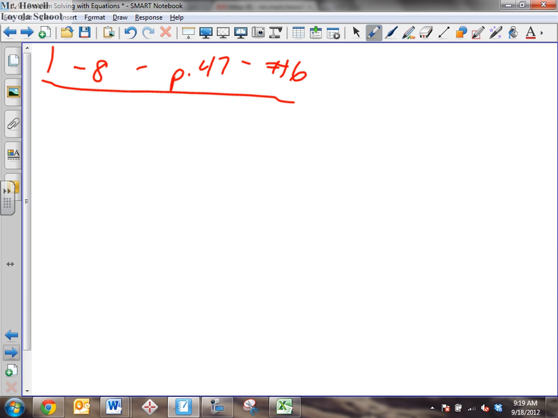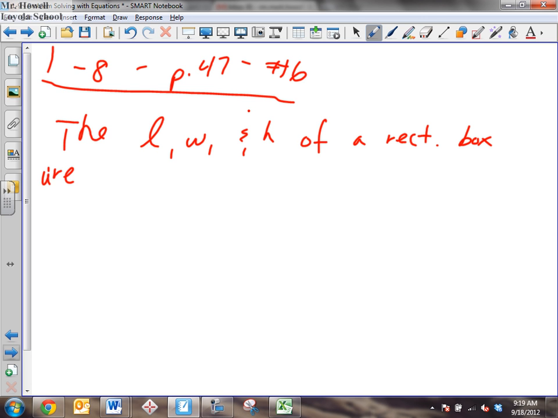So the problem says the following. The length, width, and height of a rectangular box are consecutive integers. That's how I would write it. But I'm going to deviate from the problem a little bit and make it tougher. I'm going to say they are consecutive even integers. And you guys saw this, right? In the video, I did an example with consecutive integers.